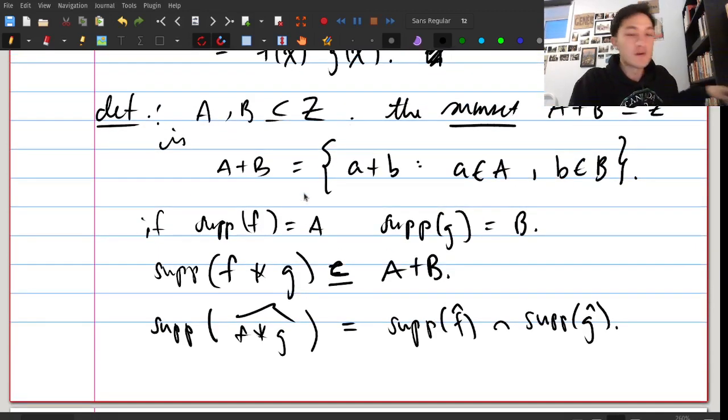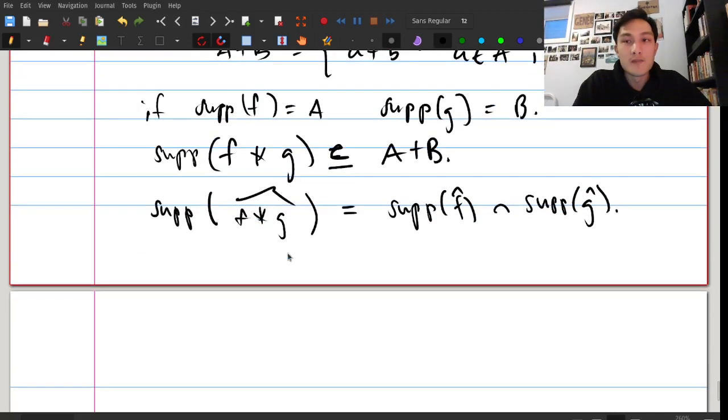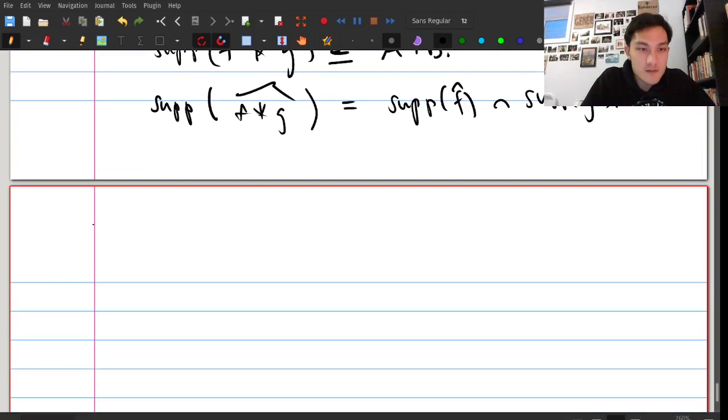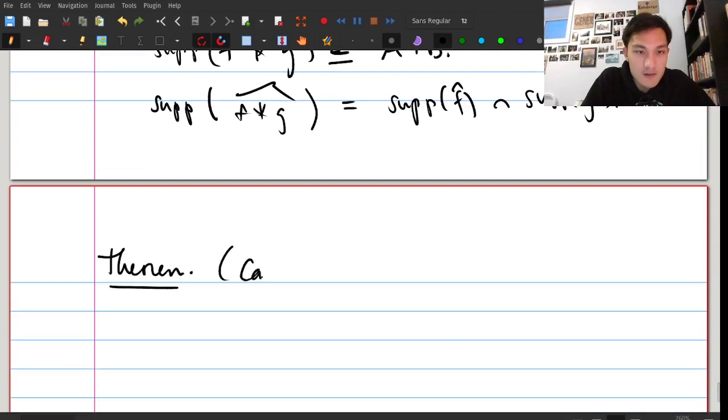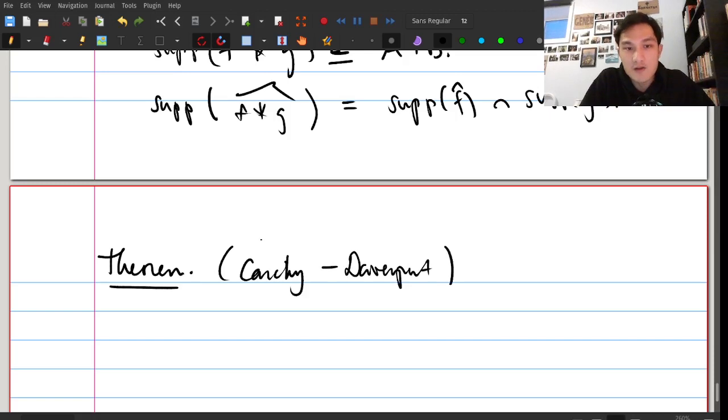And so now we're able to state and prove the Cauchy-Davenport theorem. Cauchy is Louis Augustin, I think, and Davenport is Harold Davenport.